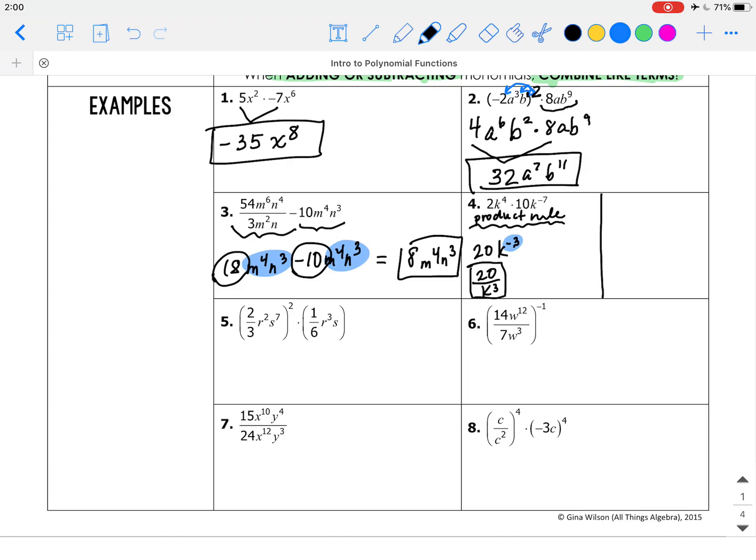Let's try it with the quotient rule. Okay. So let's look at this. So I will do 2 times 10 just like I did before. So I have 20 k to the 4th. And we know that since we have k to the negative 7th, this will go in the denominator, right? So we will have k to the 7th in my denominator. We have 4 minus 7, which gives me negative 3.